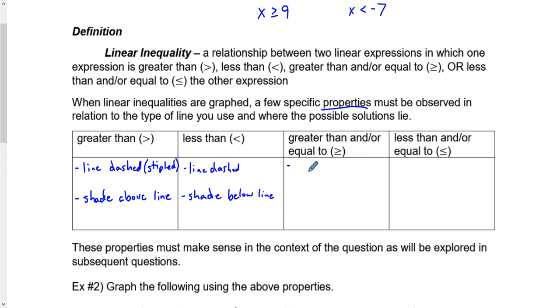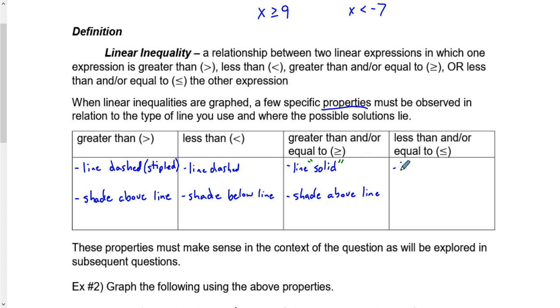Greater than or equal to: the line is going to be "solid." I'm putting that in quotation marks because we'll talk about that a little more specifically. But because it's greater than, we're going to shade above the line.